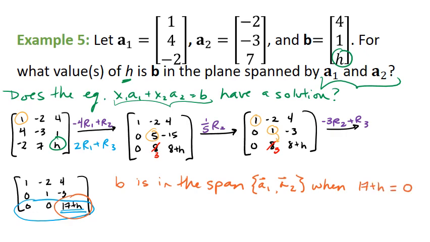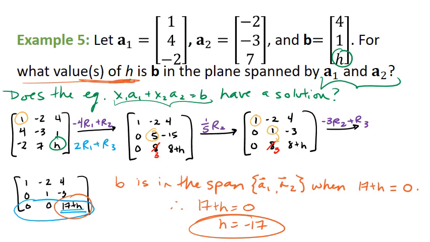Because if that is equal to 0, 0 does equal 0, and we're happy. So, therefore, 17 plus h equals 0. If I solve this, that means h is equal to -17. So to answer the question, the value of h is -17.